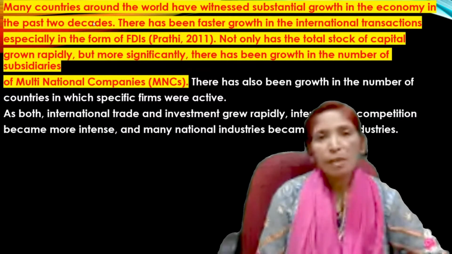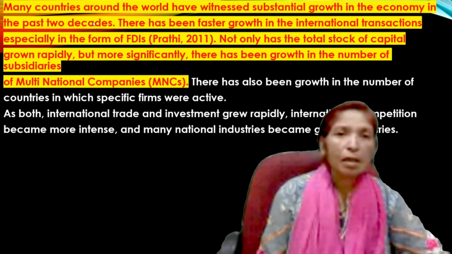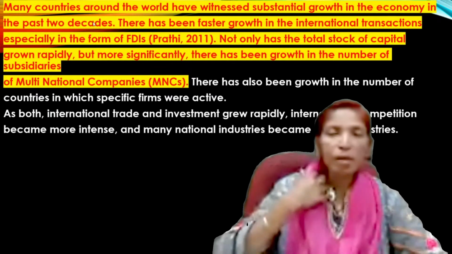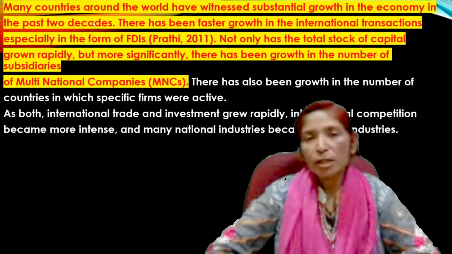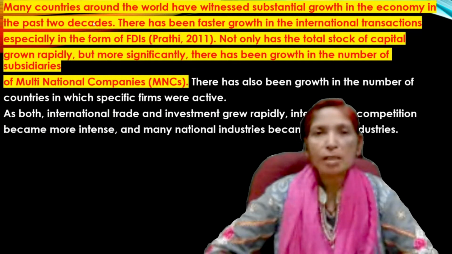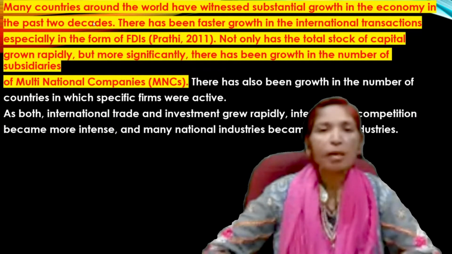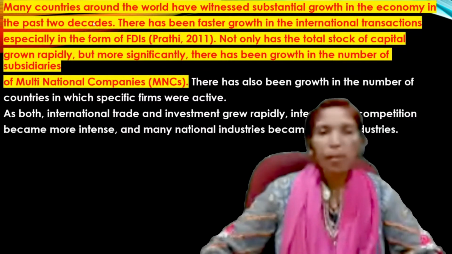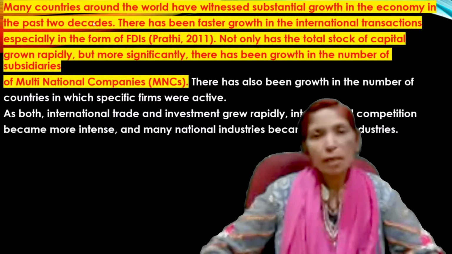For example, a Japanese company doing business in India through FDI will be called an MNC, multinational corporation. Multinational corporations are those which spread their businesses in most of the developing countries for earning maximum profit.